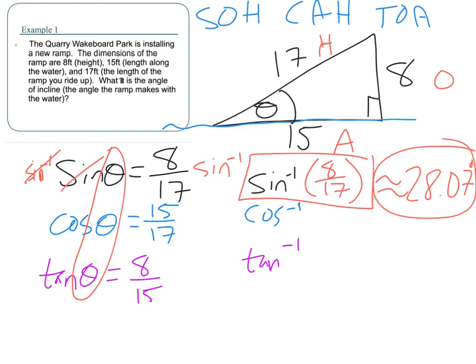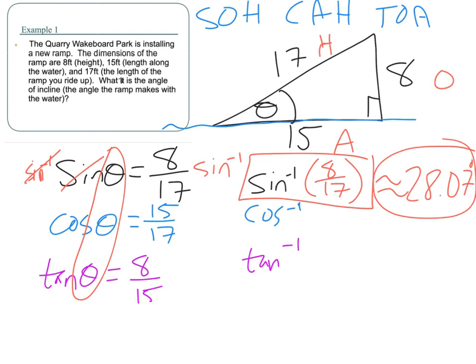Okay, so I used inverse trig to solve for my angle to get rid of the sine and get that theta out of that trig function so I could get theta by itself. Well, whatever I do to one side, I have to do to the other. So sine inverse of 8 over 17 is equal to 28.07.